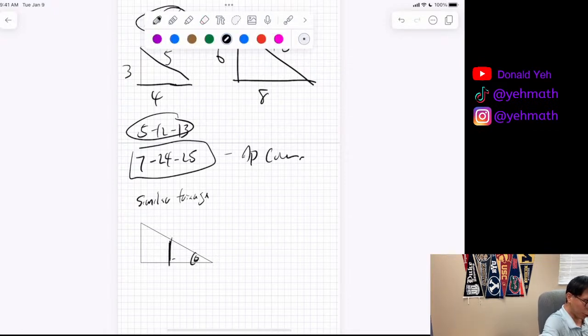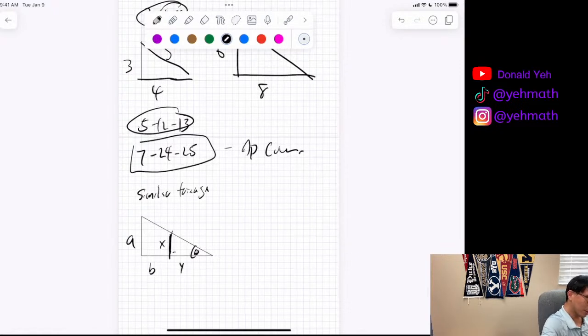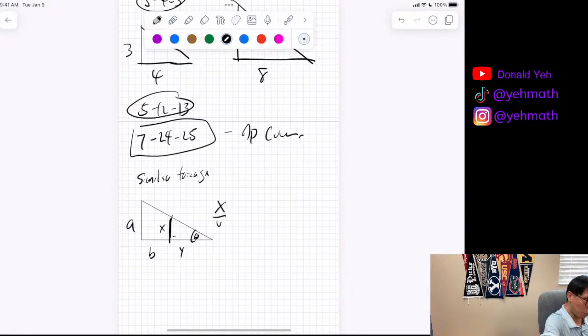This angle is the same throughout the two triangles. So the ratio you establish is x over y, the height and base of the triangle, equal to the bigger one, b plus y.